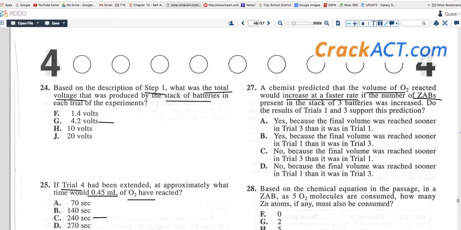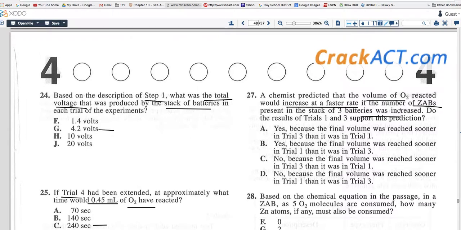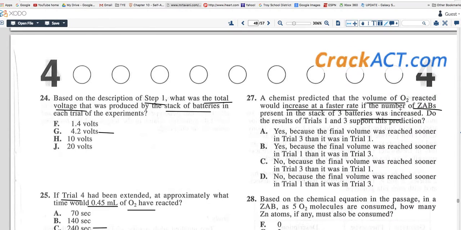Okay, and then we looked at figure 1, because it has trial 1 and 3, and then we looked at the highest point on both of those, and in trial 3, we chose A because in trial 3 it was reached sooner than trial 1.